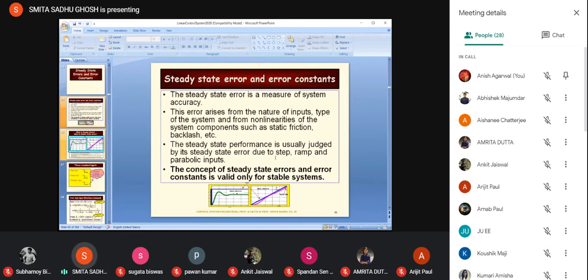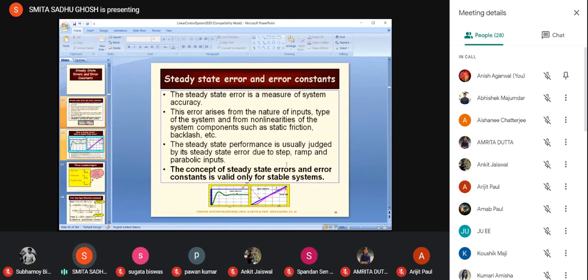Recollect that we have spoken of a unit step input, unit ramp input, and unit parabolic input, which are called the position command, velocity command, and acceleration command. So these are the standard inputs which are used, but similar analysis can be done for other inputs as well.